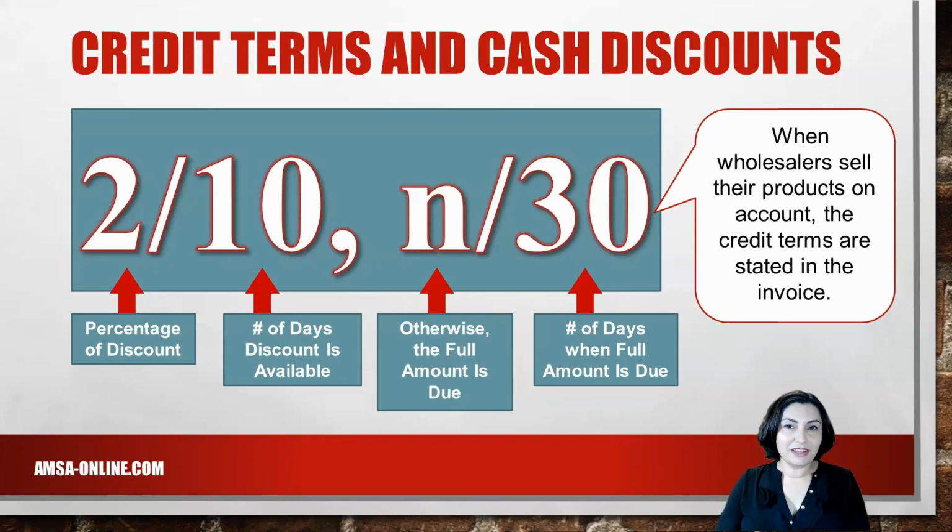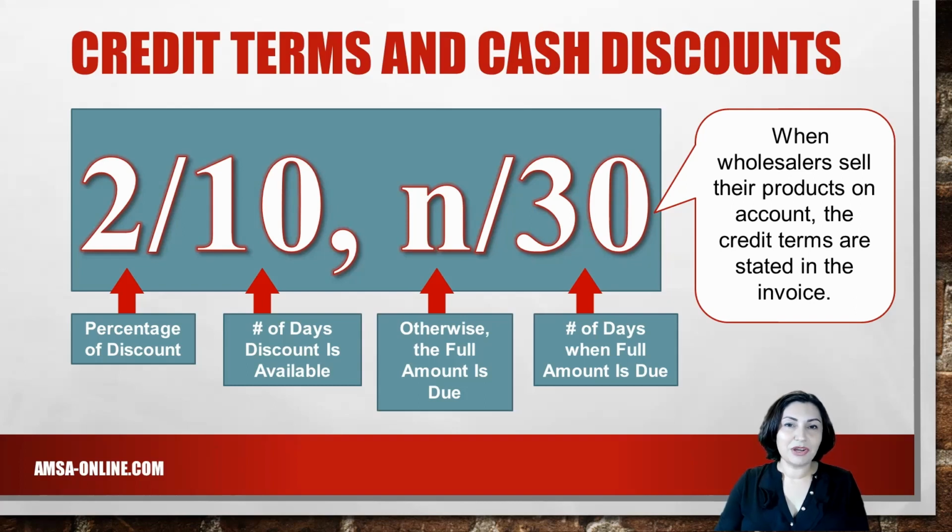If payment is made after the discount period expires, then the entire amount is due on or before the end of the credit period. Cash discount terms are typically written as shown on this slide. It is read as 2, 10, net 30. The first number represents the discount percentage.